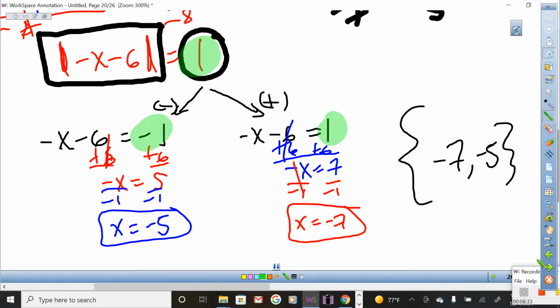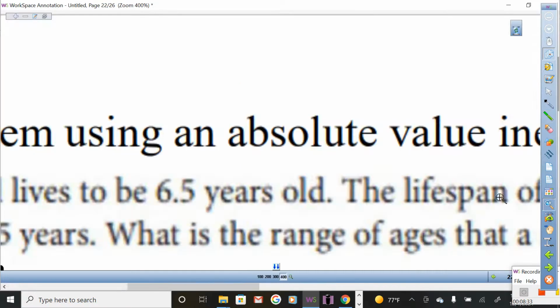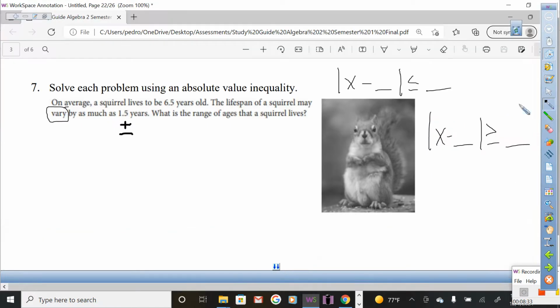Okay? So with that said, if we go to our problem at hand, tell your neighbor which of these two numbers will go on the other side of the absolute value.